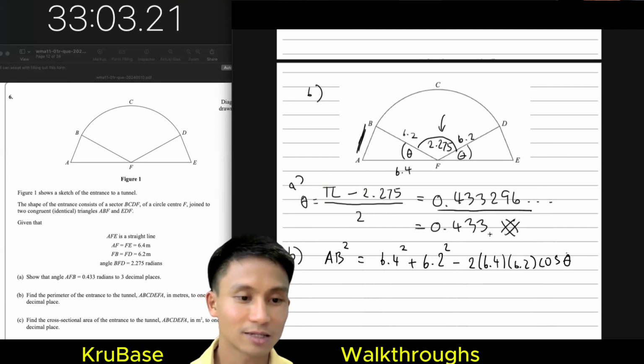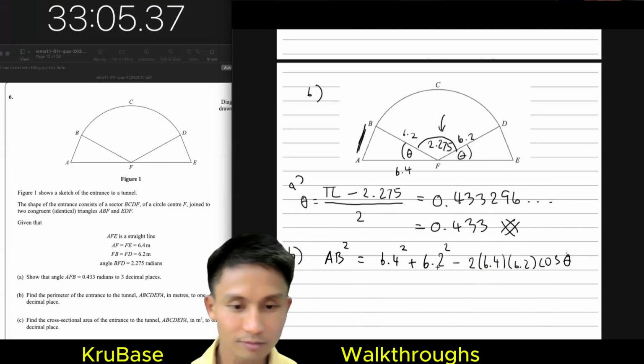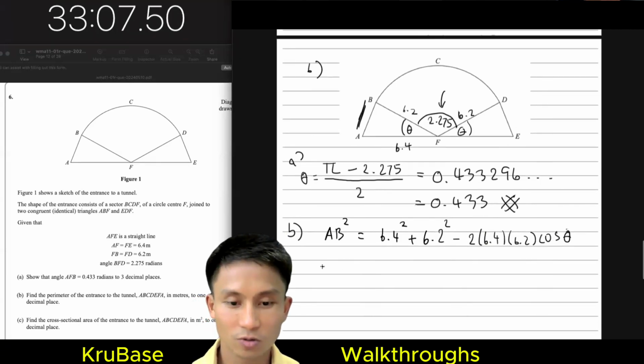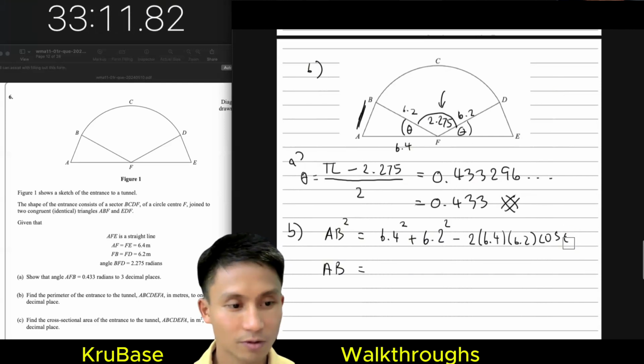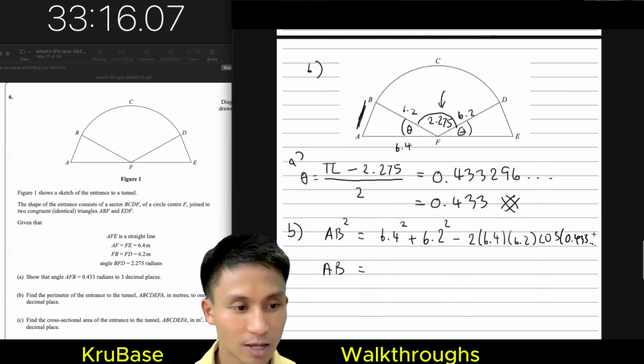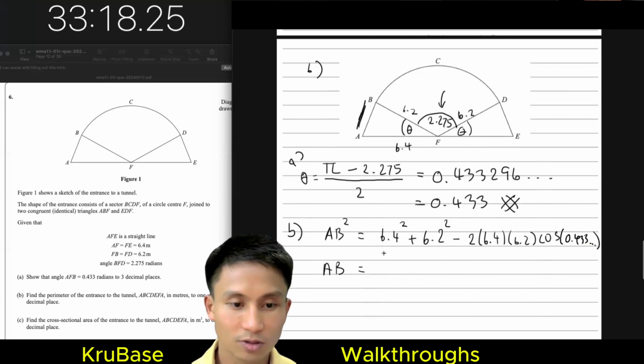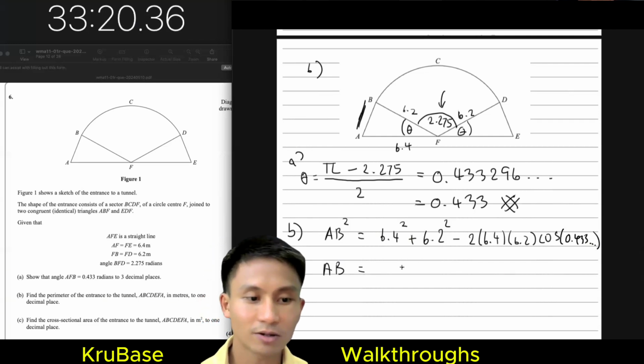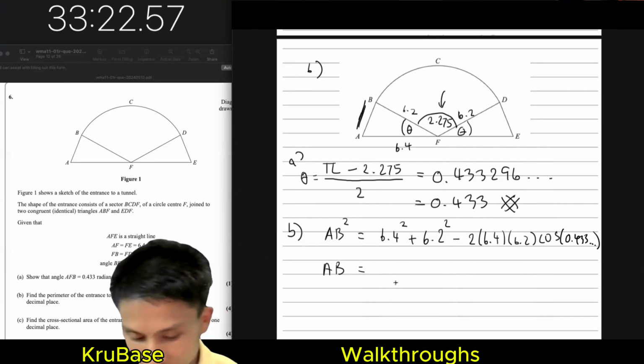But actually, I'm going to take this in the calculator. So AB would be equal to all that. Here I'm just going to write the actual value, dot, dot, dot. So put that in the calculator and square root. What am I going to get?